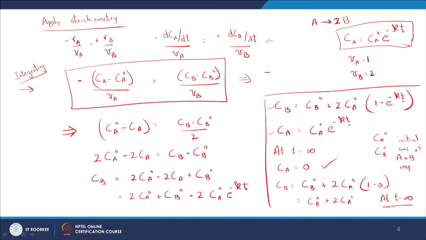At equilibrium, you will have all the initial Cb naught present and also twice the concentration of A present. Why is that? Because for each mole of A we are forming 2 moles of B. So, now the check with respect to time equal to 0 and time equal to infinity is done. This is with respect to the batch reactor.